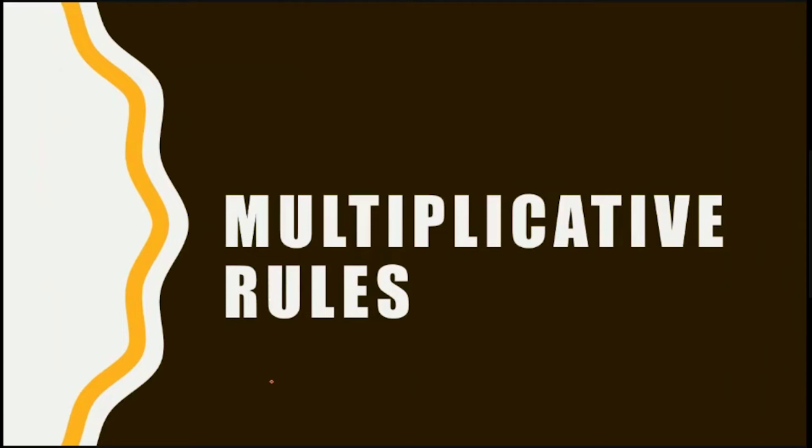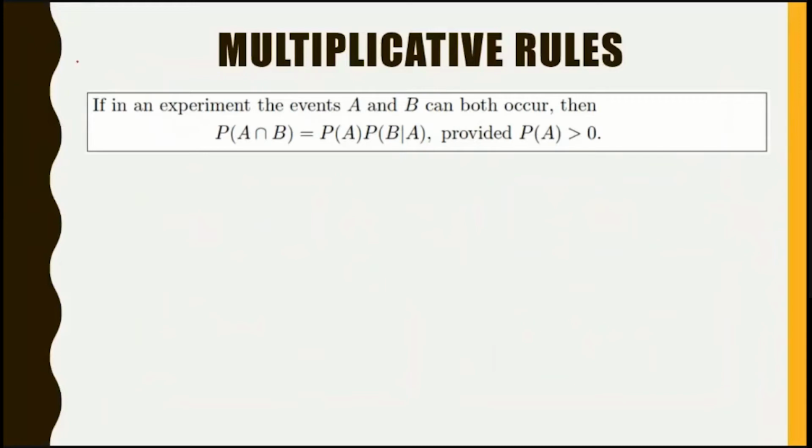The multiplicative rules, or we call it the product rule, is actually a derivation of the conditional probability. If you recall, the probability of B given A is equal to the probability of the intersection of A and B divided by the probability of A. Now, in multiplicative rules or product rules, we are looking for this one here.